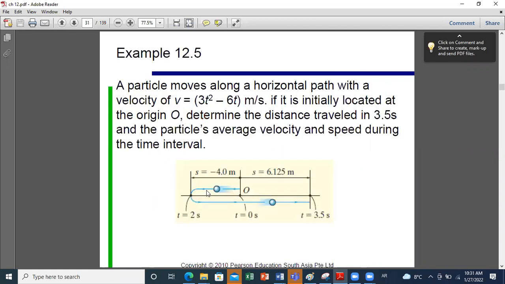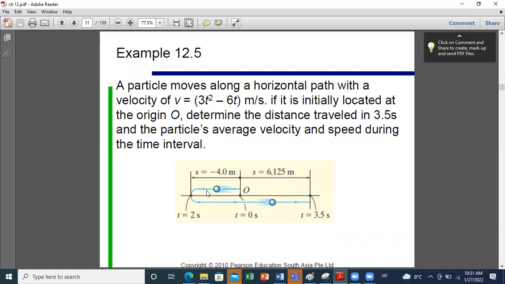We'll practice now with this problem on the difference between average velocity and speed during motion. In this problem, I have a particle that is moving along a horizontal path with a velocity v as a function of time equal to 3t squared minus 16 meters per second.